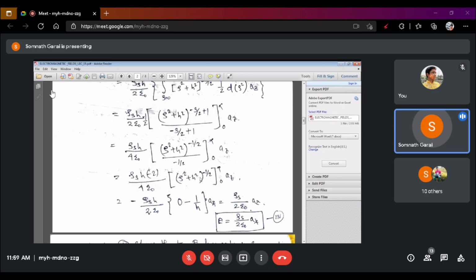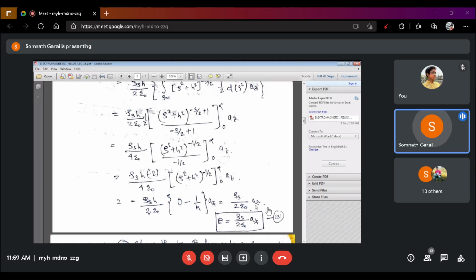So we put the upper limit rho equals infinity, rho square equals infinity. Okay, then that will be 1 over infinity minus 1 over h. So after calculating, this will be rho s divided by 4 pi epsilon naught a z.